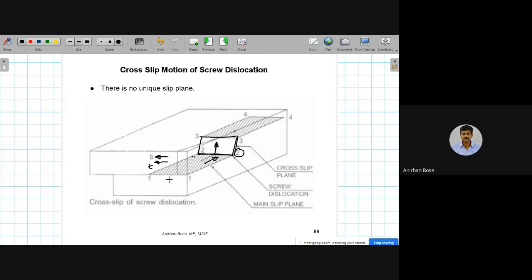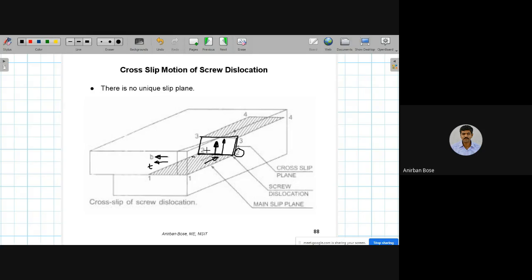If a sufficient amount of external mechanical energy is available, so that the component of the force is sufficient to move the dislocation, then it will move in that direction also, because that is also a slip plane. This is called the cross slip motion.